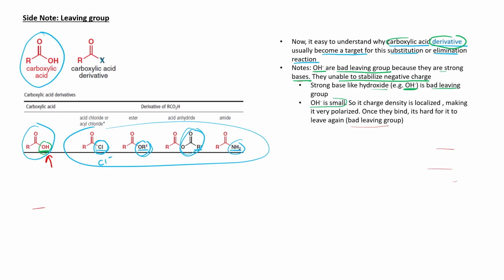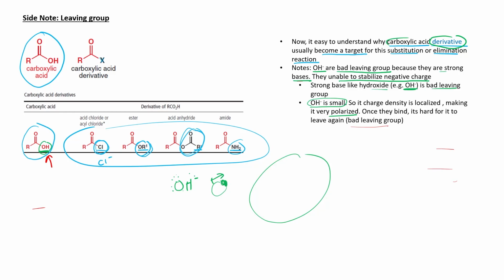Why? Because OH is very small, so the charge density is very polarized. We have learned before about the small and the big compound. If the small compound is polarized, then the charge is highly localized.